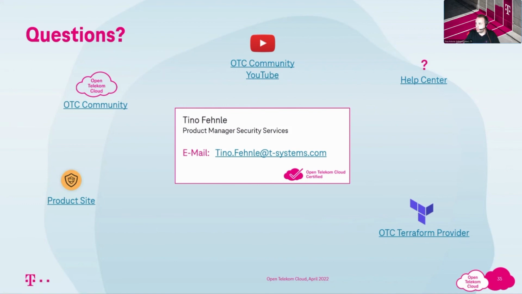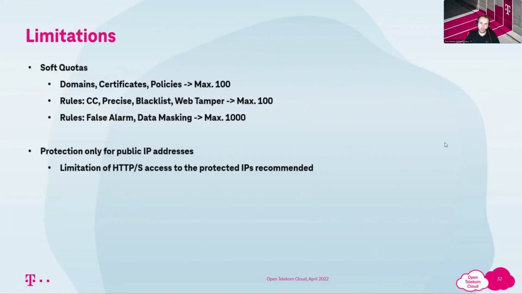Looking now at the questions, we have a few. Let me start with one. Why does the web server need to have an elastic IP when we redirect the traffic to the WAF? That is something which I was explaining in the beginning.